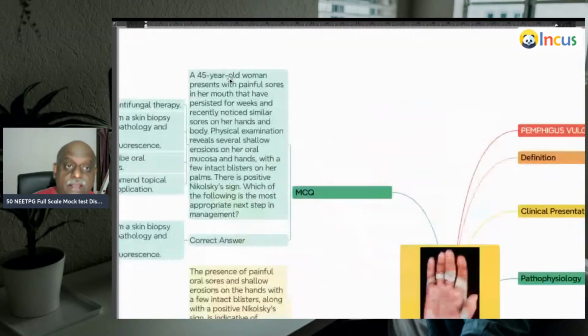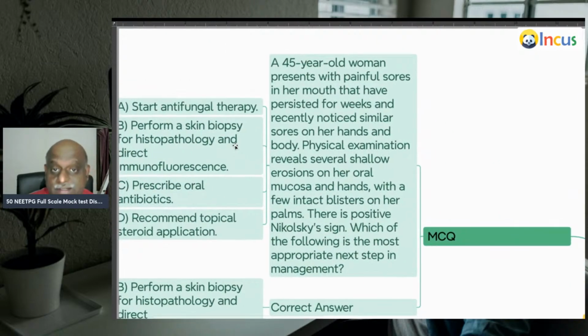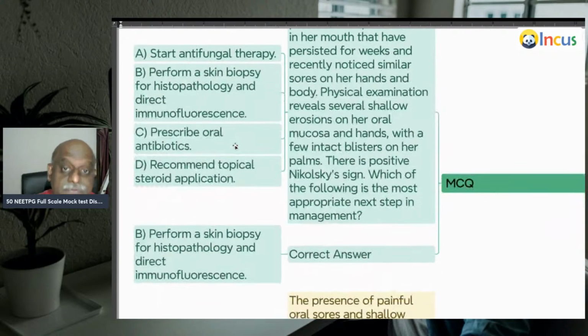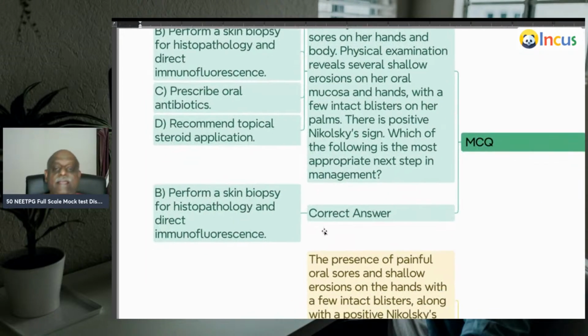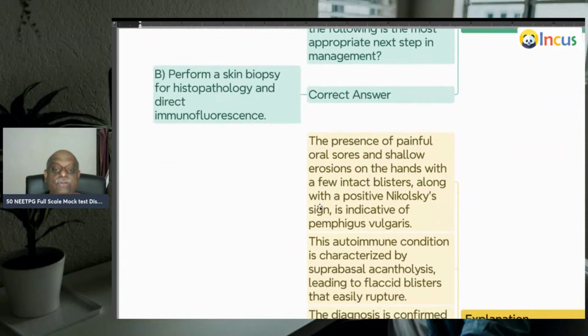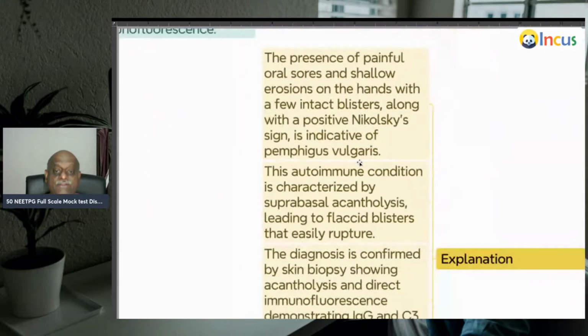Now, doctor, a 45-year-old woman with painful sores in her mouth that persisted for weeks, shallow erosions on her oral mucosa and hands, positive Nikolsky sign. So typically it is indicative of pemphigus vulgaris.